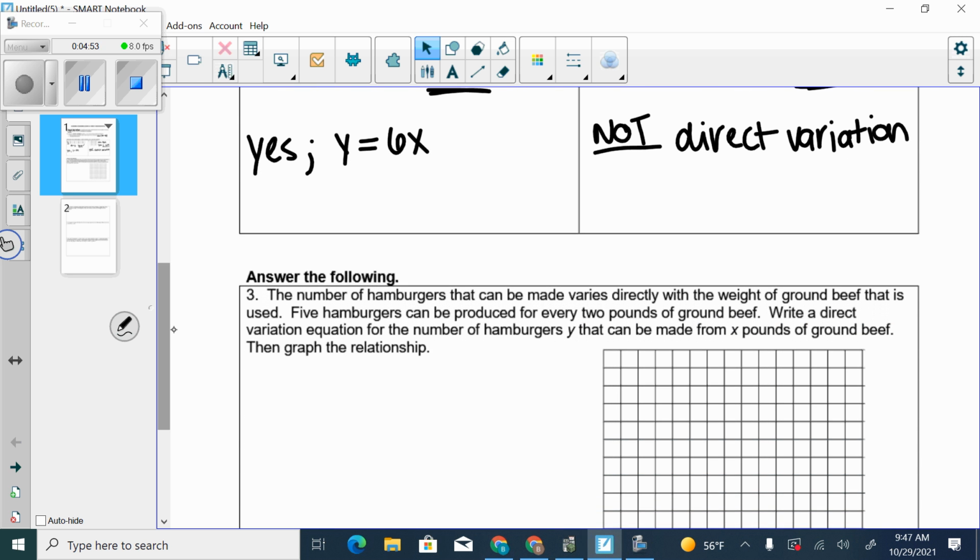All right, next problem says the number of hamburgers that can be made varies directly with the weight of ground beef that is used. 5 hamburgers can be produced for every 2 pounds of ground beef. Write a direct variation equation for the number of hamburgers y that can be made from x pounds of ground beef.